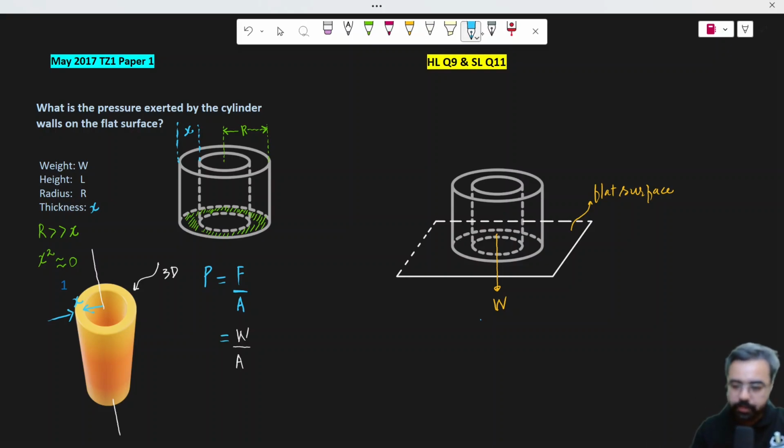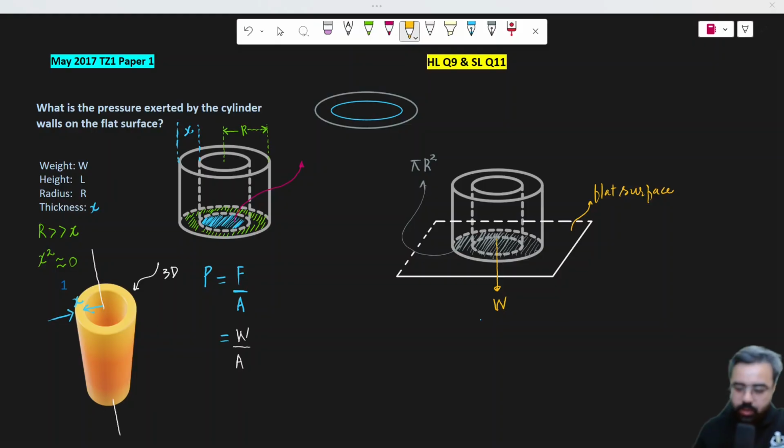So why not find the complete area, which should be pi r square? And before we find the area of the hollow part, we must know the radius of this hollow part.